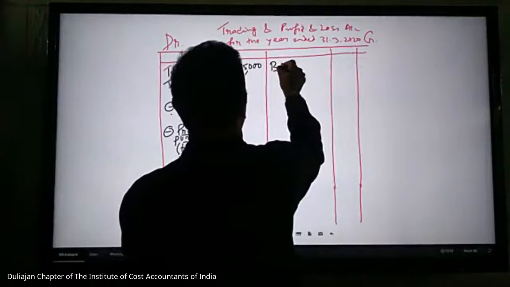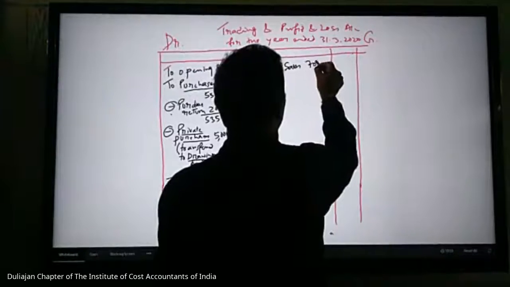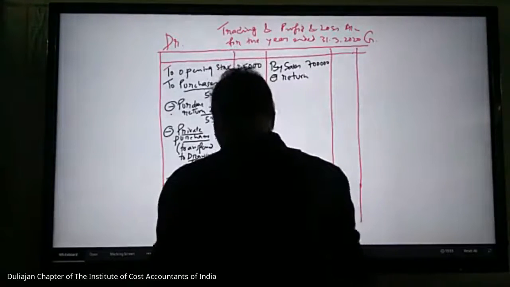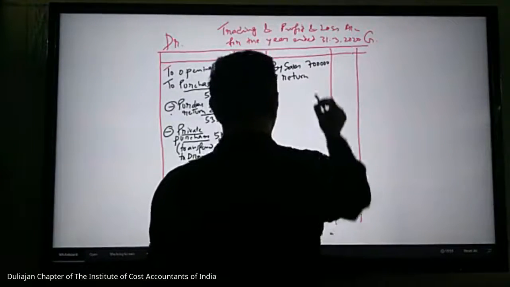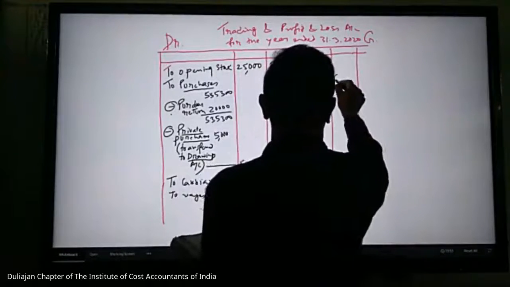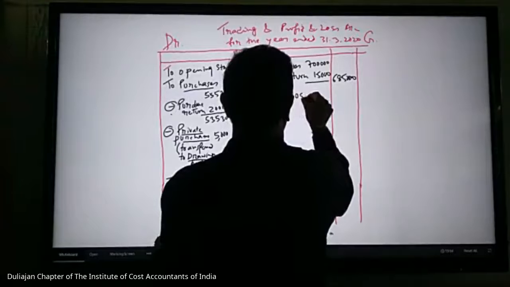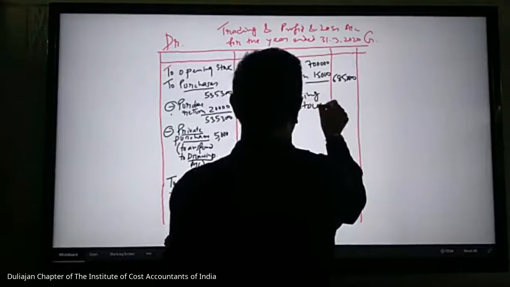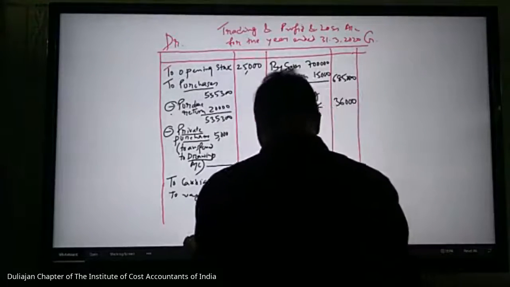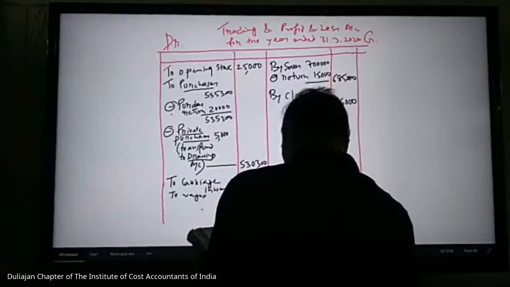On this side, by sales amount 7 lakhs, less return 15,000 given in the trial balance, 6,85,000. By closing stock, adjustment number 1, 36,000. Total 7,21,000.